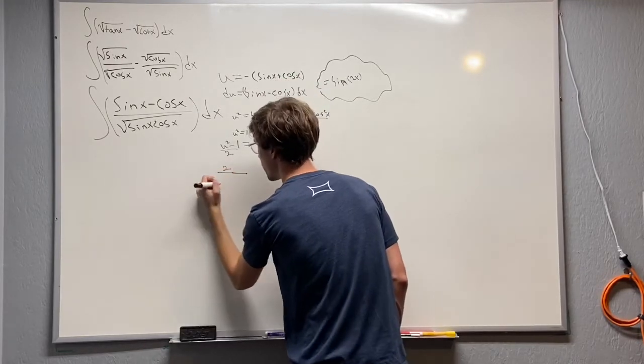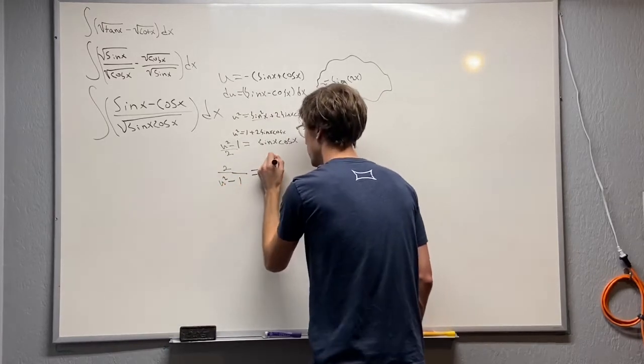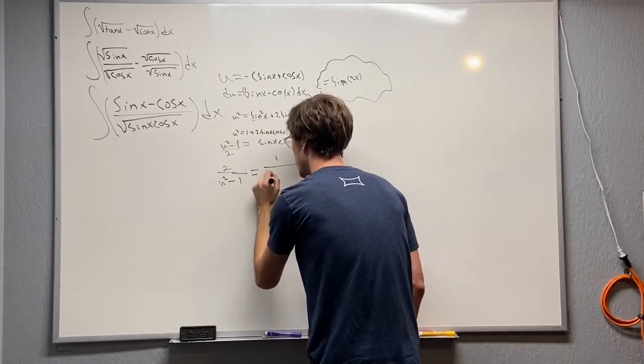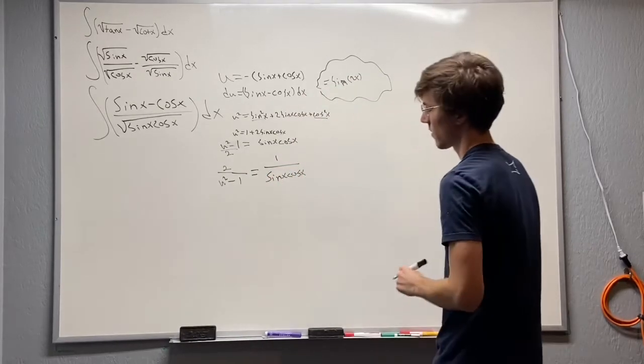2 over u squared minus 1 is going to be equal to 1 over the sine of x cosine of x.